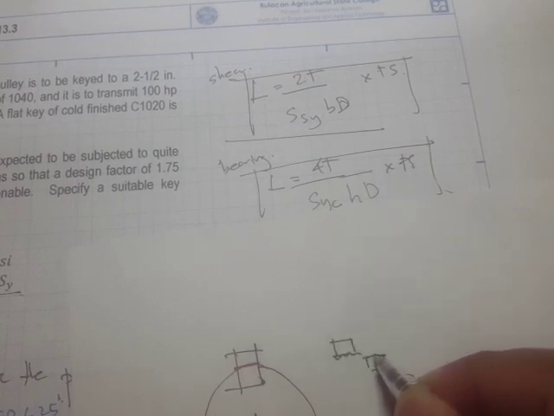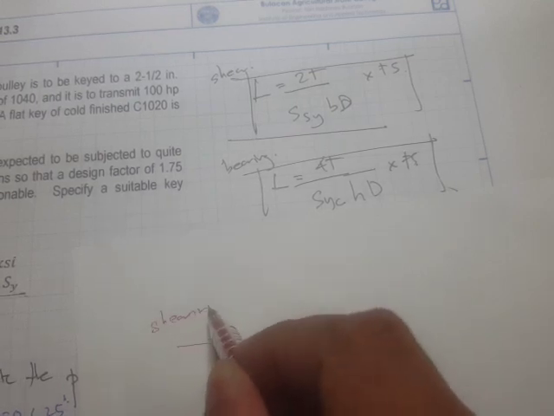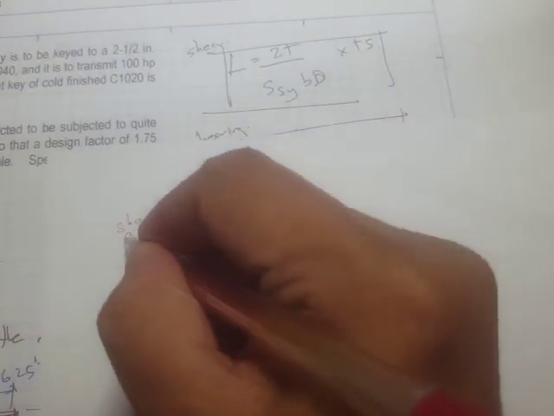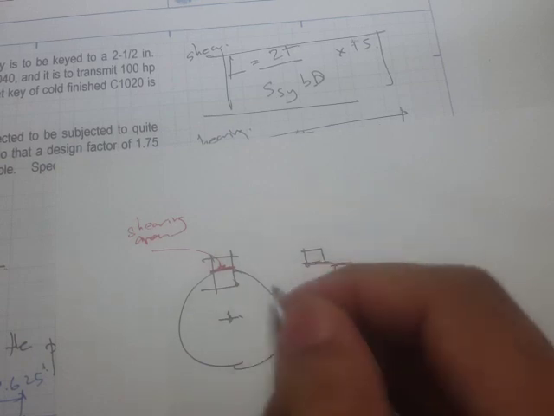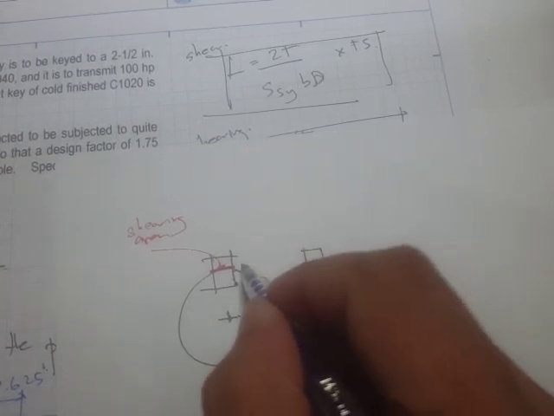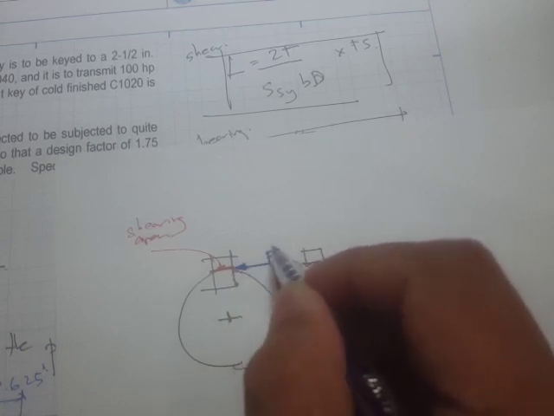So the shearing area is this one. Therefore, if that's the shearing area, then there's going to be a shear force, and the shear force will be located here. So here's our shear force, and let's just label it as F.